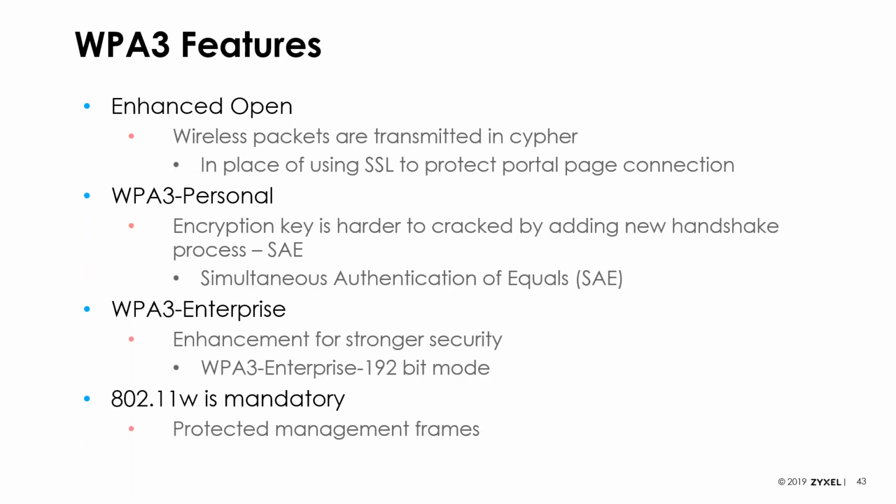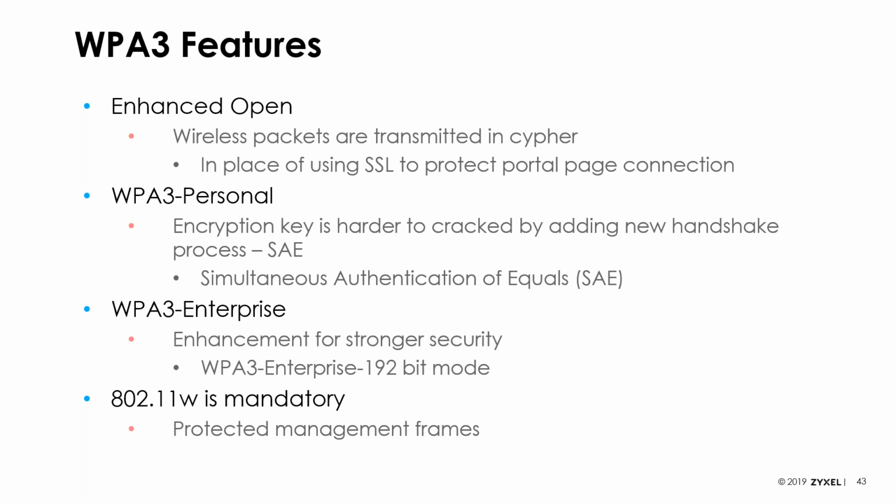So in WPA3, we introduced something called Enhanced Open, which encrypts the Wi-Fi packets even on open Wi-Fi using SSL protection. WPA3 Personal is harder to crack because of the new handshake process, simultaneous authentication of equals.